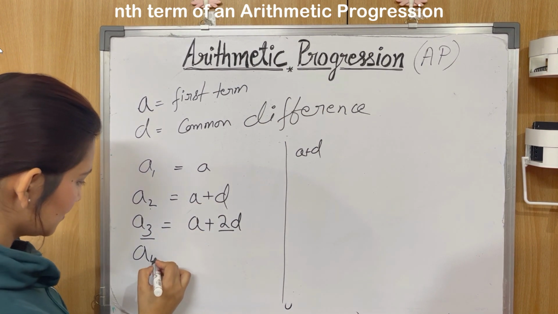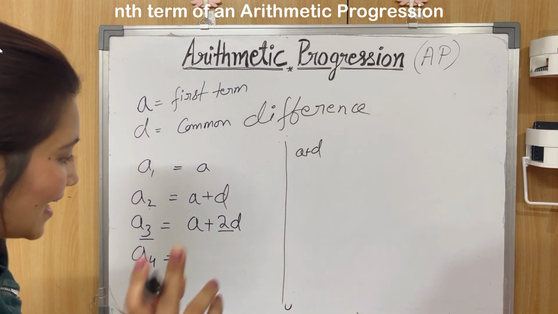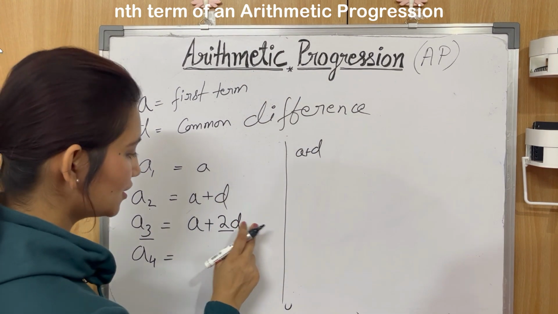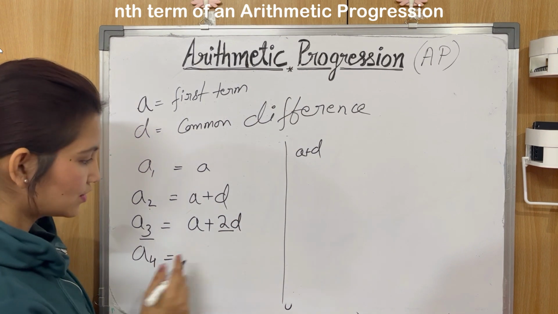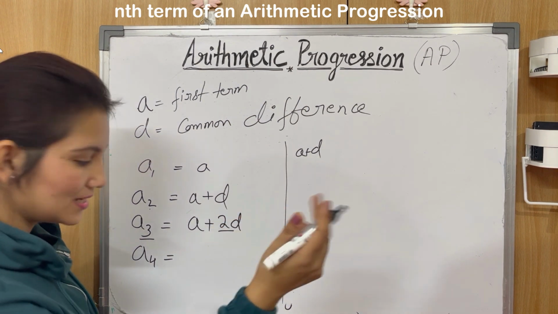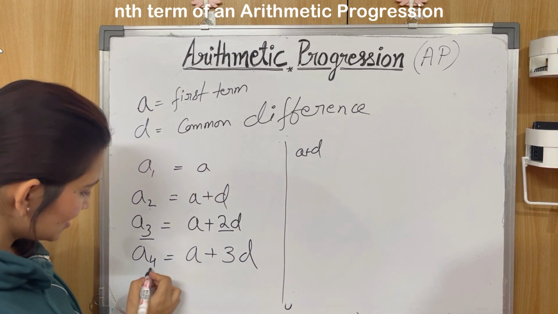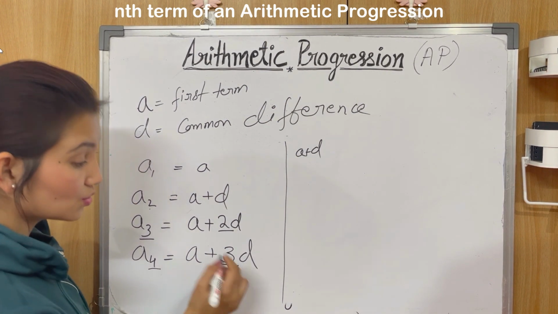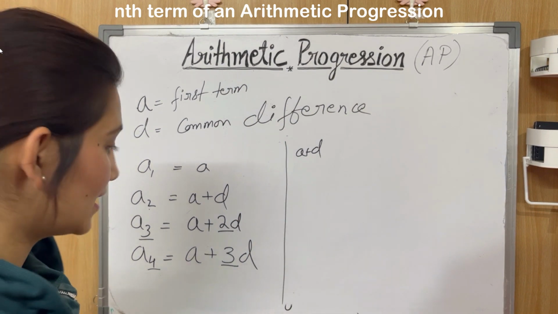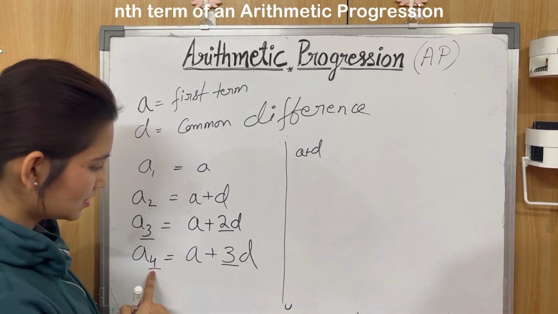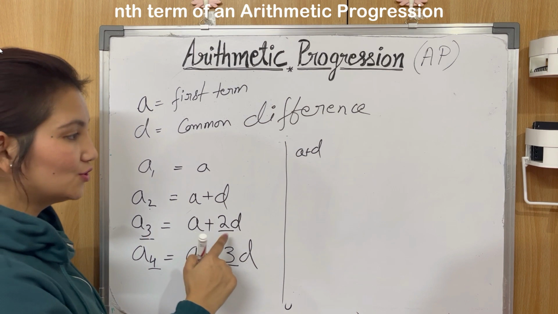Fourth term of this AP: you again add D to the third term and you get the fourth term. So A plus 2D plus D becomes A plus 3D. Are you observing this? Fourth term, 3D, which is 4 minus 1; third term, 2D.